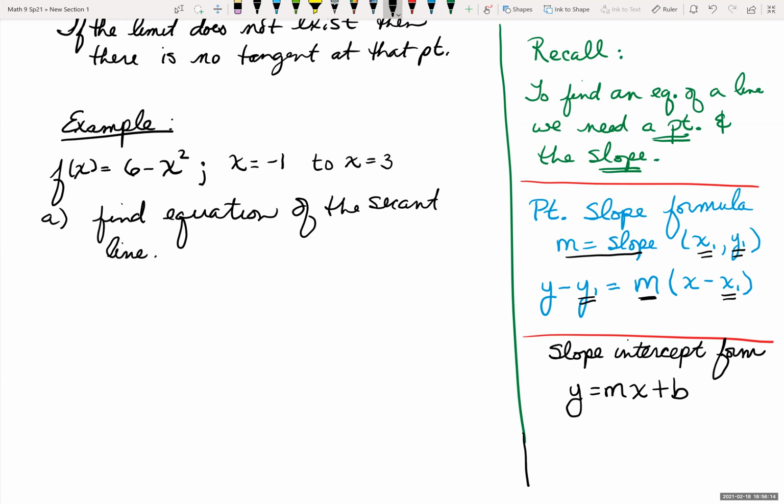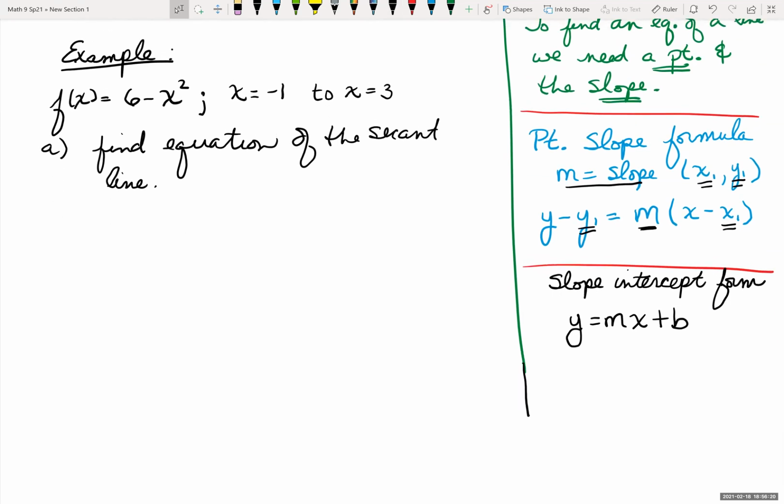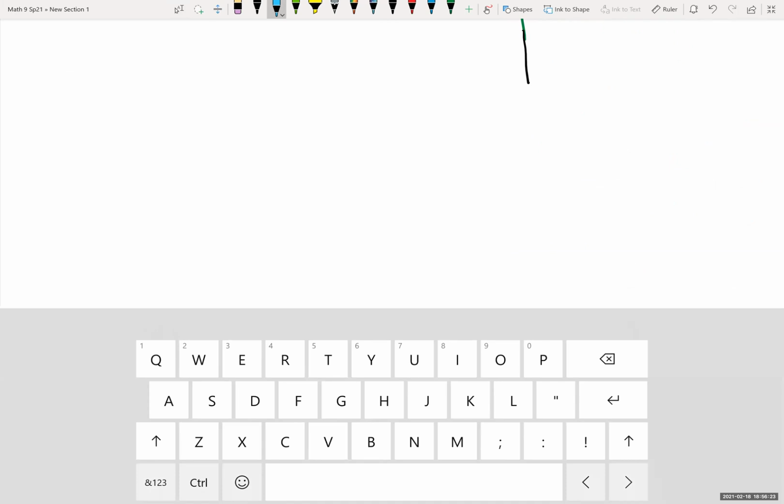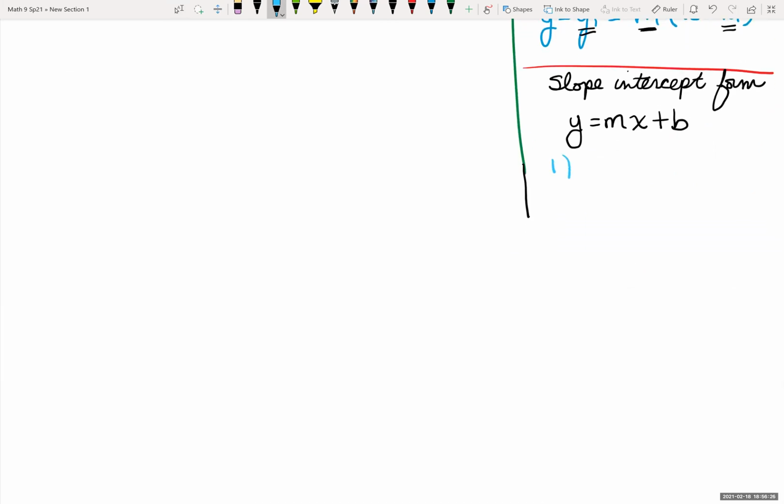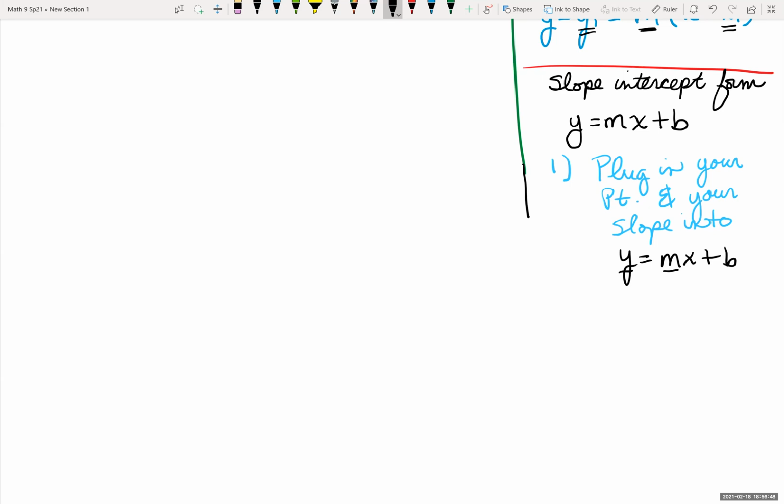So if we know our slope when we're doing it this way, and we know what a point is, first what you would do is plug in your point and your slope into that equation, y equals mx plus b. If you do that, you'll have just a variable of b left, and then you're going to solve for b.